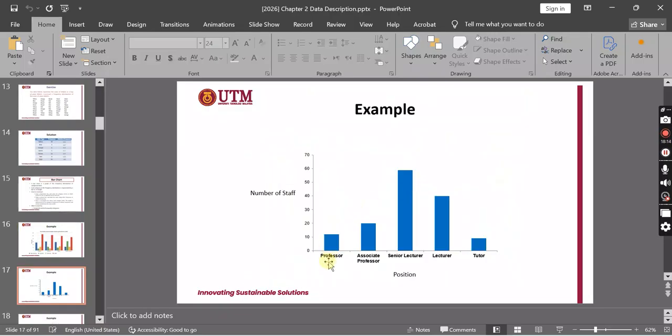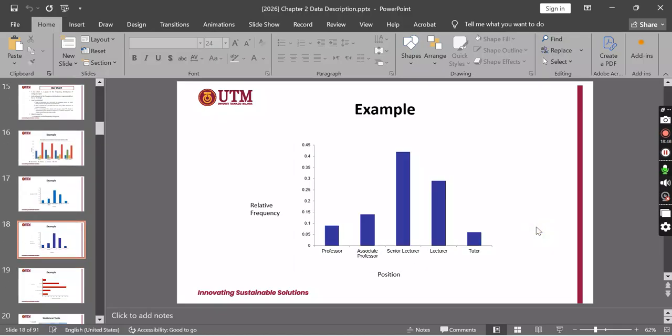This bar chart is related to the frequency table that we made. Professor, we have 12, associate, 20, and so on. If you look at the professor, it's above 10, the value is 12. For associate, when you move the pointer on it, it gives you the value, which is 20. Here it must be 59, so it's writing value 59. And so on for the others.